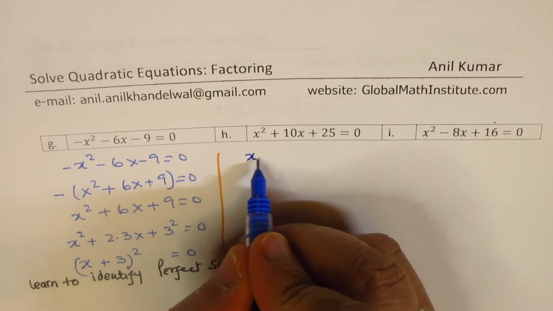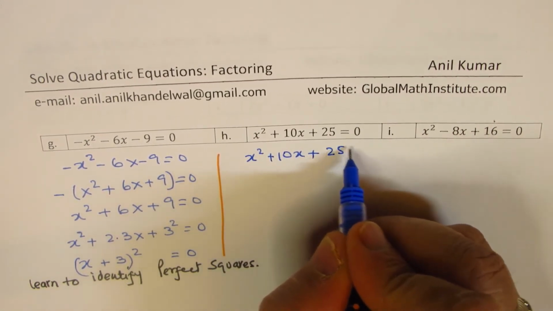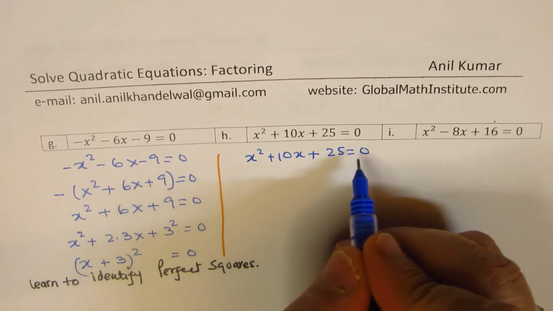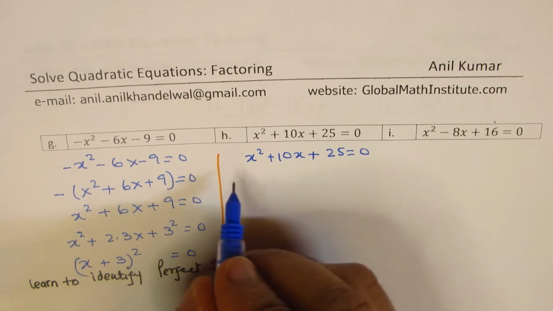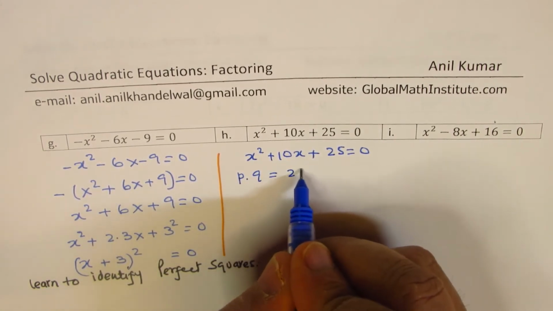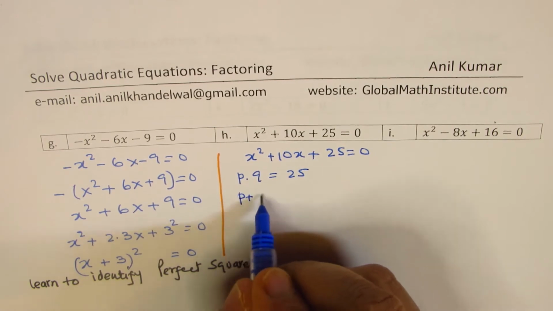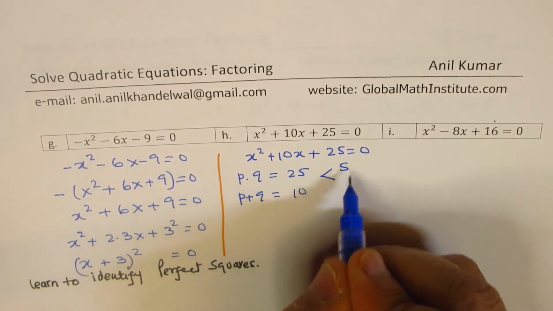Now we have x squared plus 10x plus 25 equals to 0. 25 is 5 squared and 5 plus 5 is 10, right? So let's do it with product and sum this time. We're looking for product to be 25 and we're looking for the sum to be 10. The two numbers are 5 and 5.